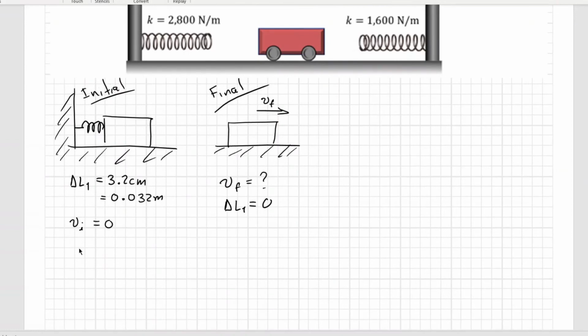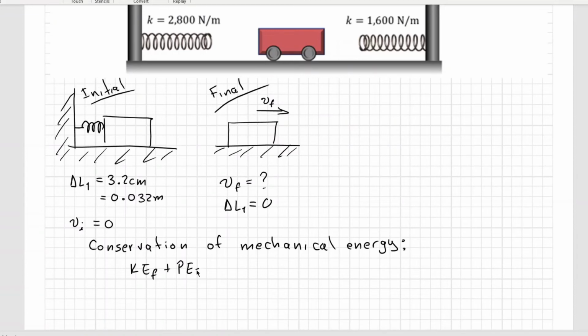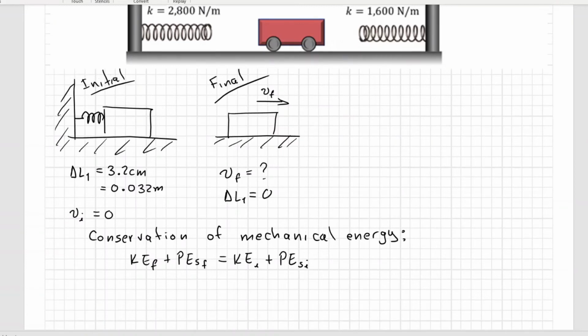Okay, so we can write the conservation of mechanical energy. For the final time, we have kinetic energy, potential energy in the spring. On the right side, the equivalent, but now for the initial time. Now, for the final time, we already said the compression is 0, right? So the spring is relaxed.